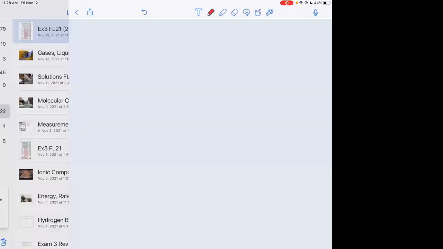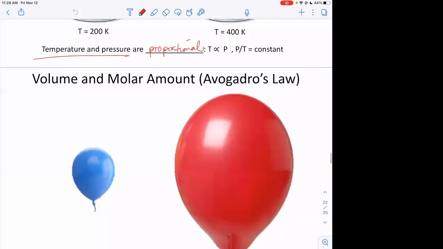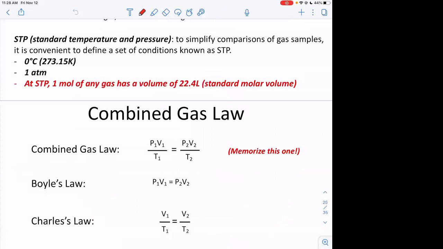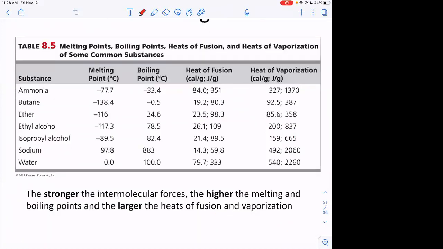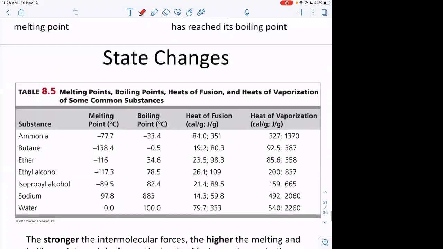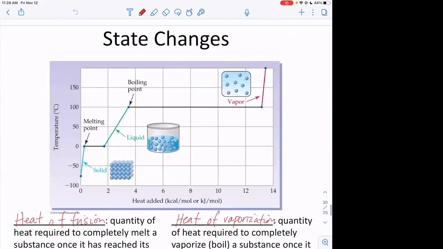Okay, so this all goes back to the very end of chapter 8, right here. We discussed the graph on the previous slide. So right here, we introduced what heat of fusion and heat of vaporization is.